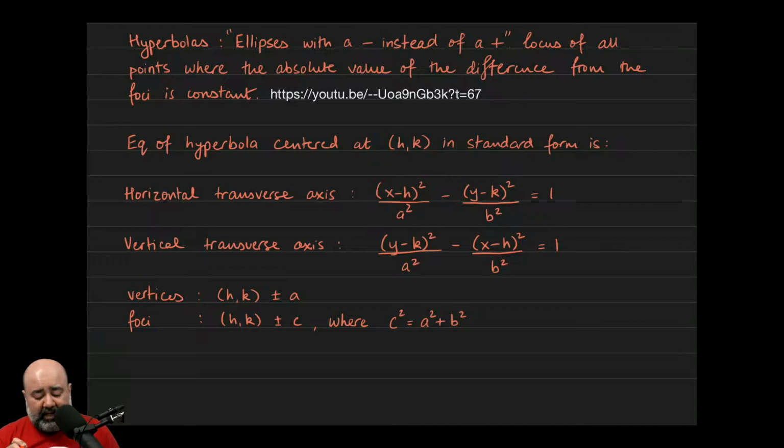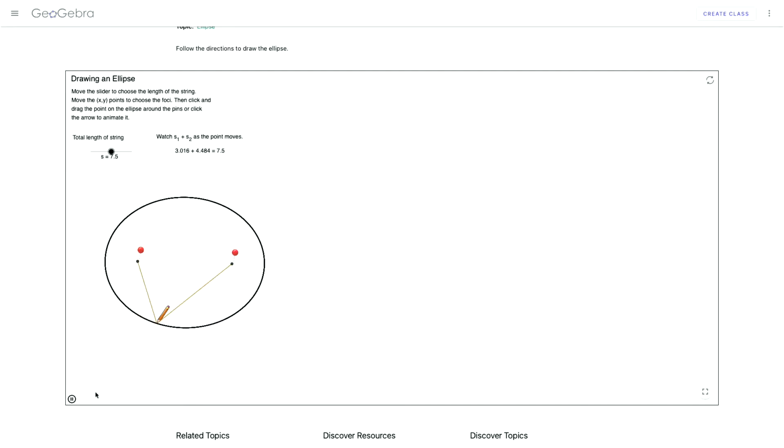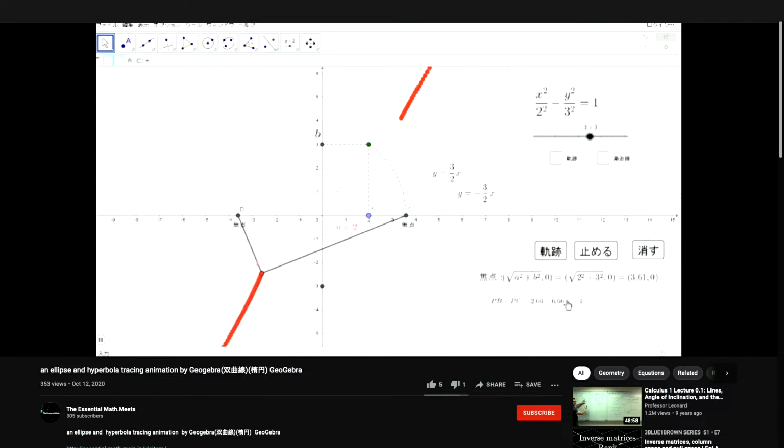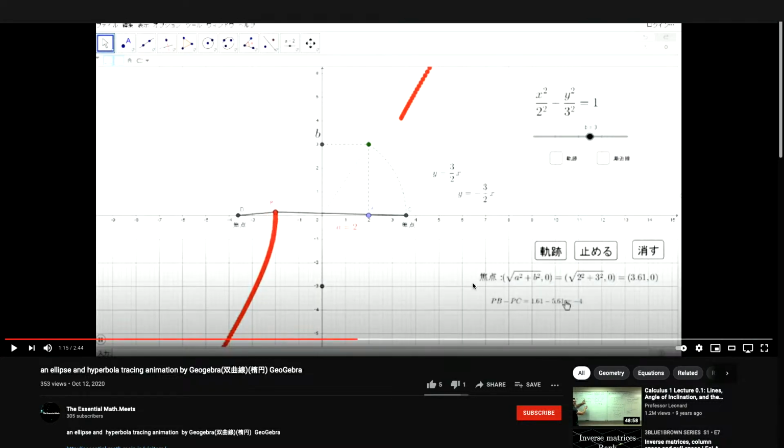Now, a hyperbola is defined as the locus of all points where the absolute value of the difference of the distances from the foci is constant. So let's again look at a picture, or in fact, a video of this. What you should observe here is the distance between the two focal points.